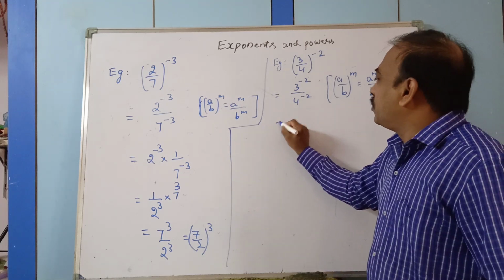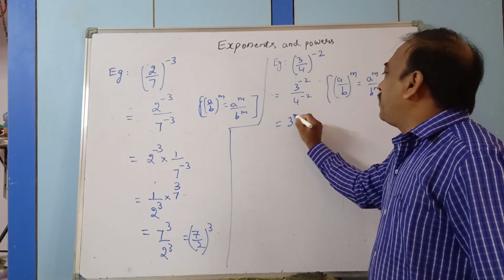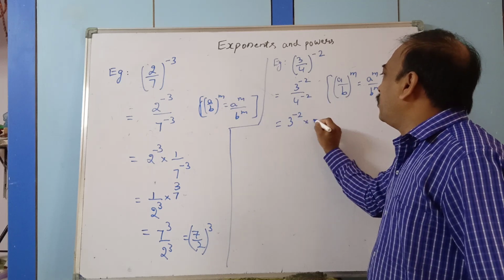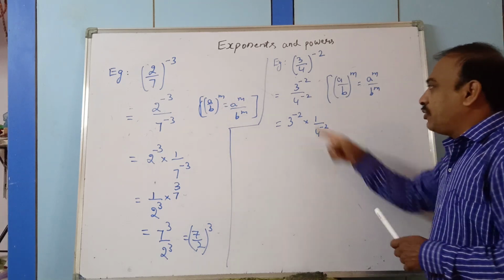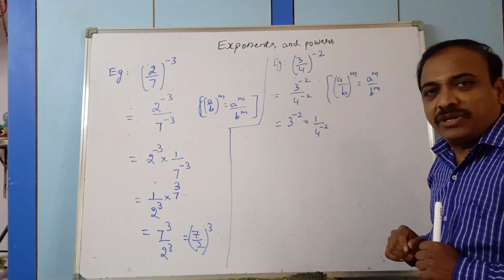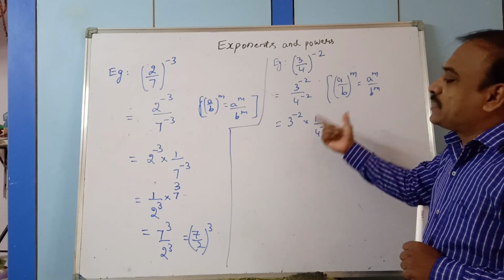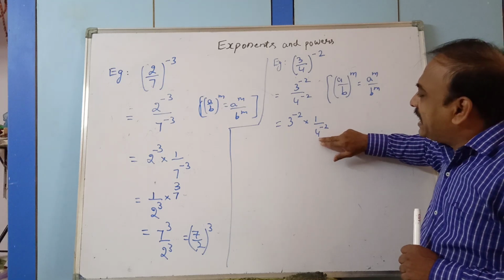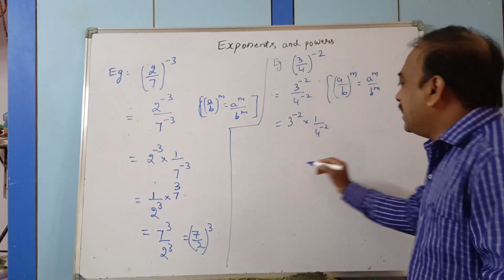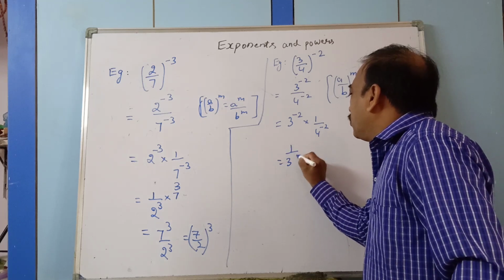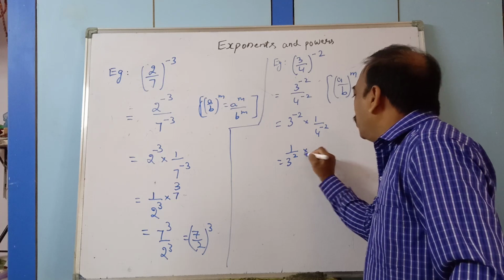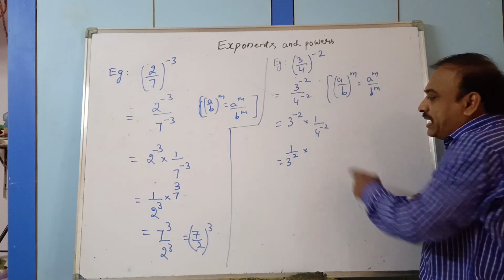Now you see here, 3 to the power minus 2 into 4 to the power minus 2. When the negative power is there, how do we convert it into positive? This can be written as 1 by 3 to the power 2 into, and 1 by 4 to the power minus 2, what will you do?